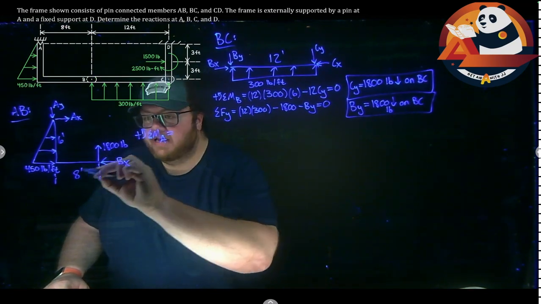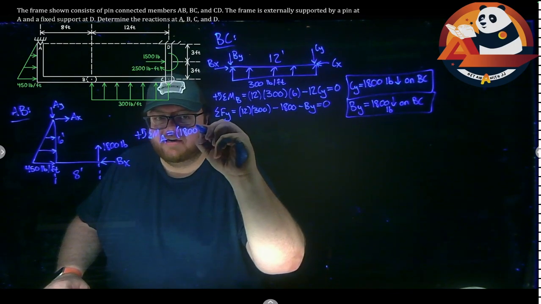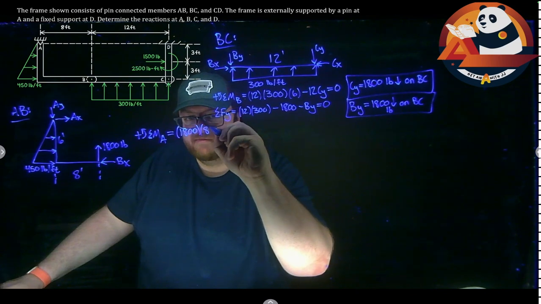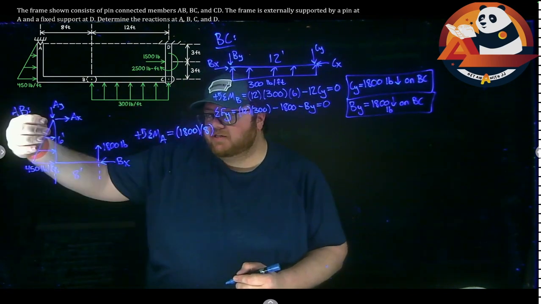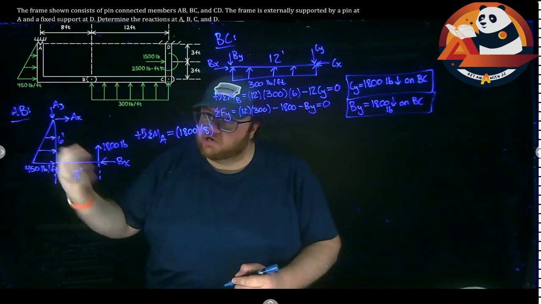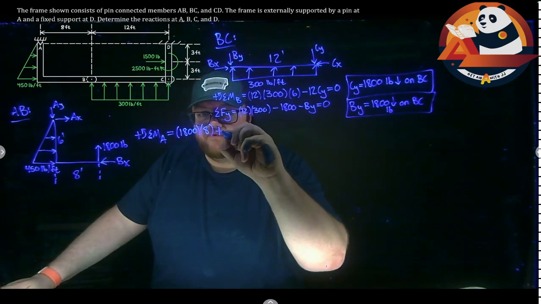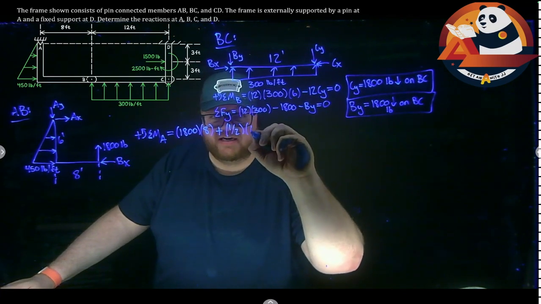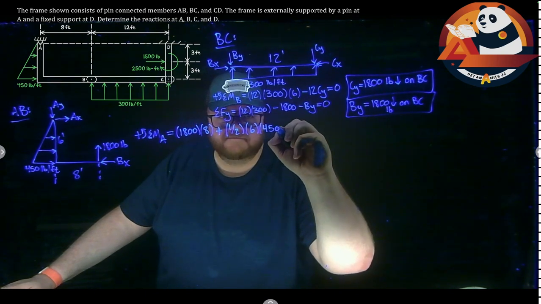So that force is 1,800, my distance is 8 feet, times 8. My distributed load is all below A, so it's going to push to the right down below and cause a counterclockwise rotation. So we'll add in plus our force component, the area, 1/2 base 6 times height 450.